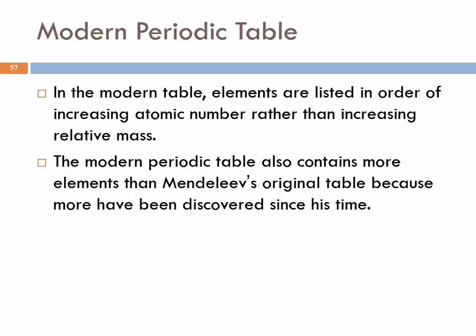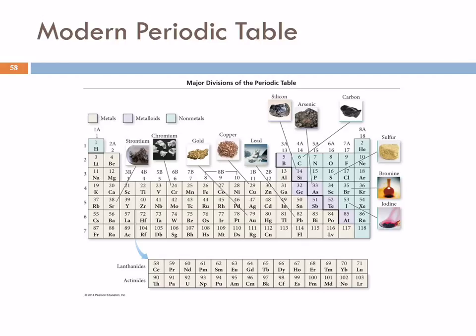So our modern periodic table contains a lot more elements than Mendeleev's original table did because we've discovered more elements. This is an interesting periodic table. They're showing pictures of some of these elements. What we do want to look at here is that this is color-coded. The yellow section here, all of these elements are metals.